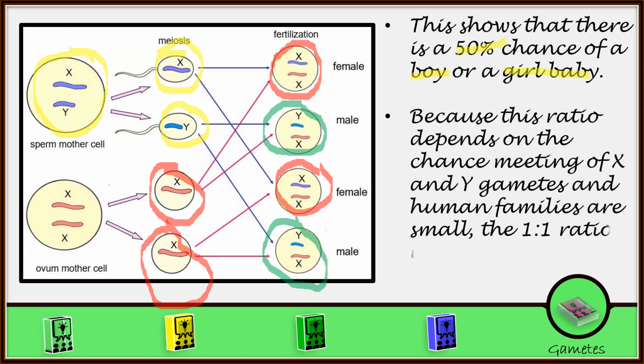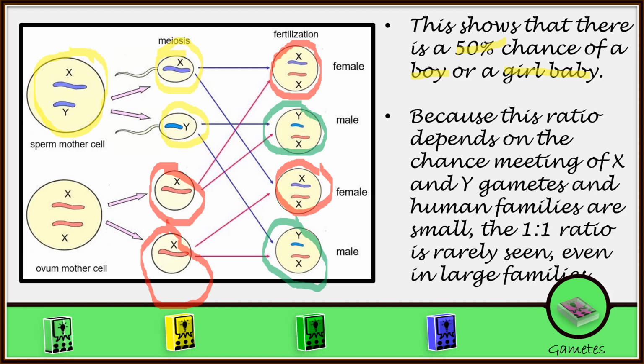This ratio depends on the chance of meeting of X and Y gametes, and human families are small. The ratio 1:1 is rarely seen, even in large families.